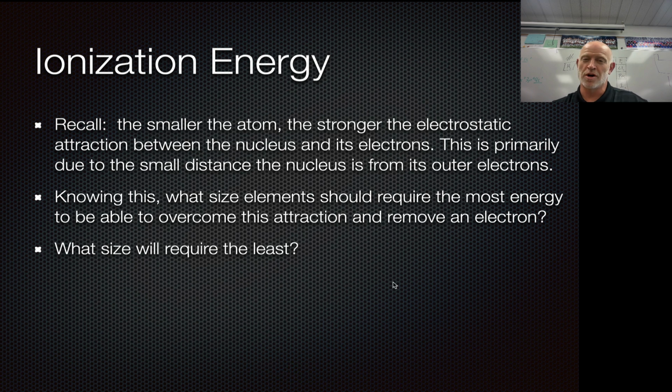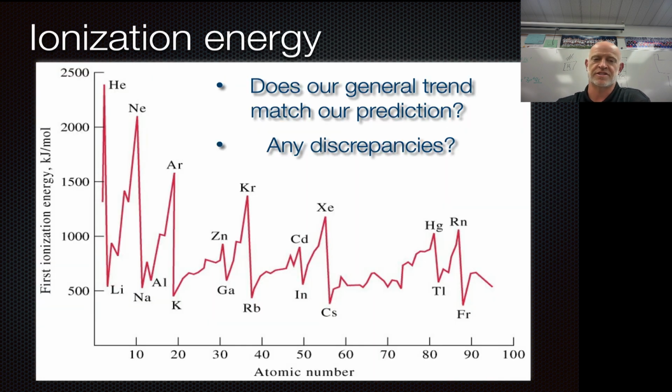Or would we expect small atoms to hold on to their outer electrons really well? Hopefully you're thinking that the small ones hold on better, and the big ones don't do as good a job. In that case, the size that would require the least amount of energy to remove an electron was probably going to be the biggest atoms out there, okay? And that's what we actually see.